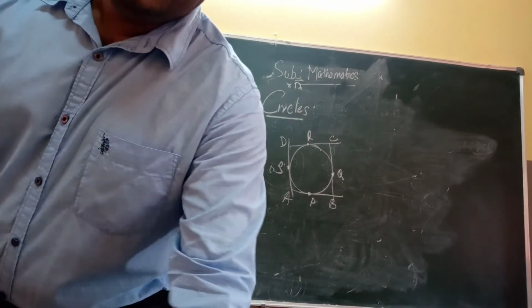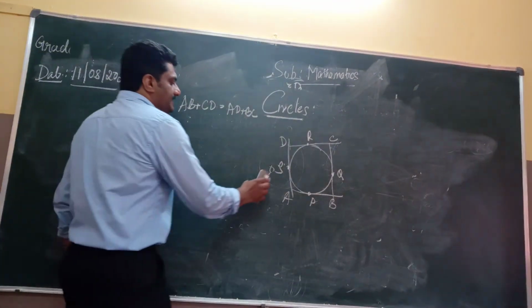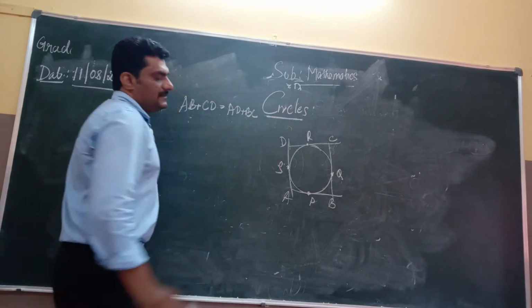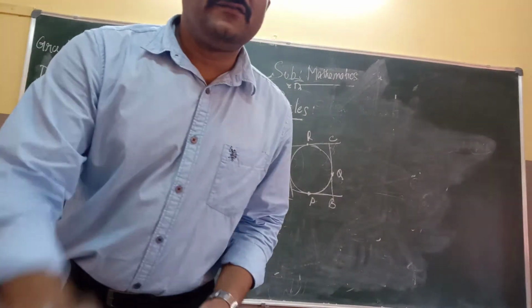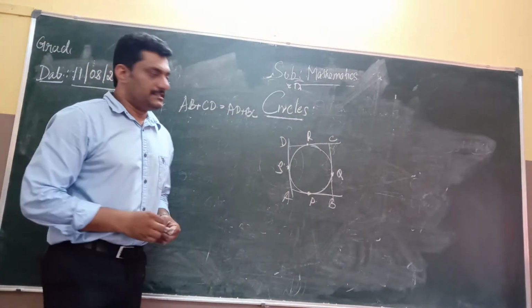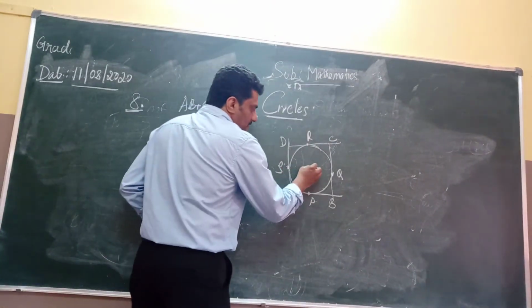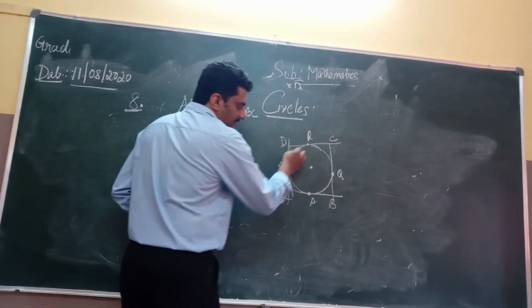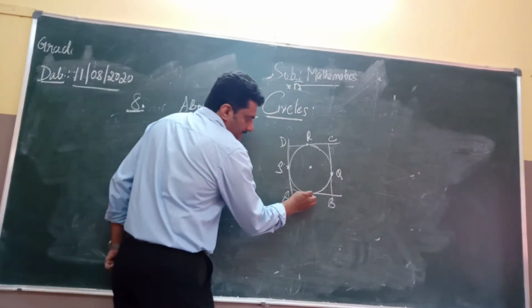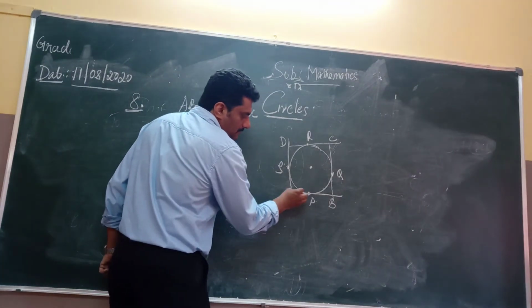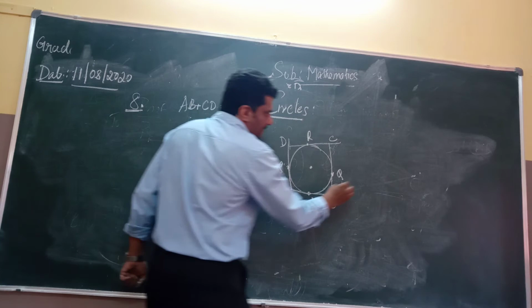Again, all these problems are based on the external point theorem. You have to focus more. See here, this is a circle, right? This is a tangent. Just now we proved this.